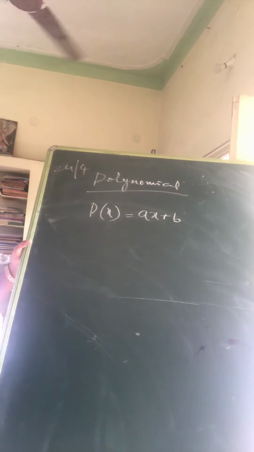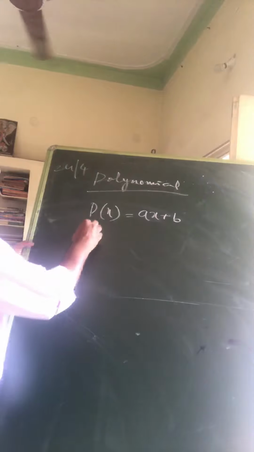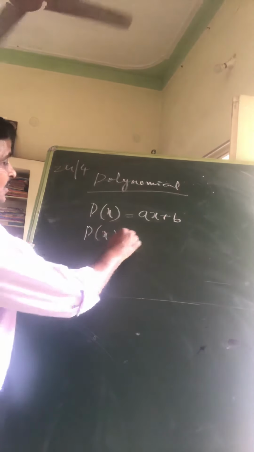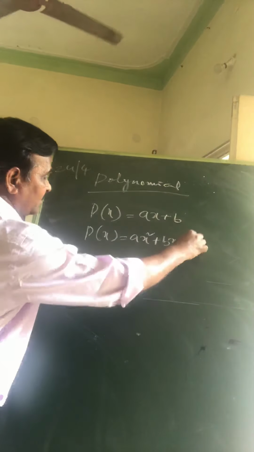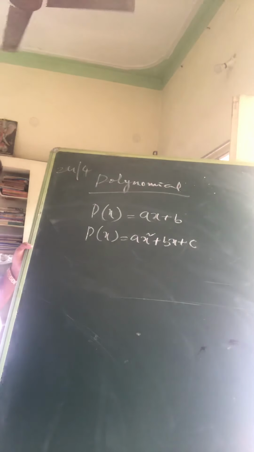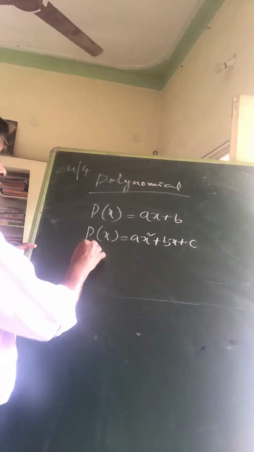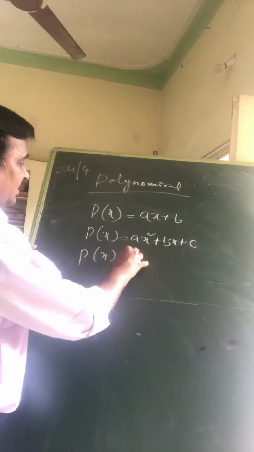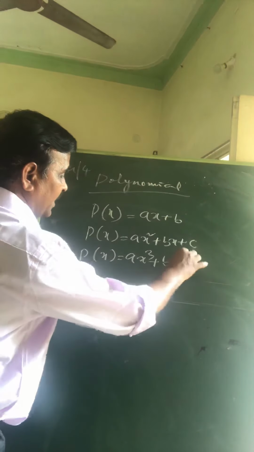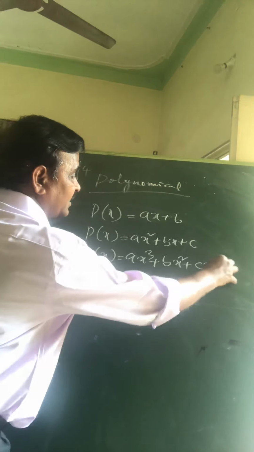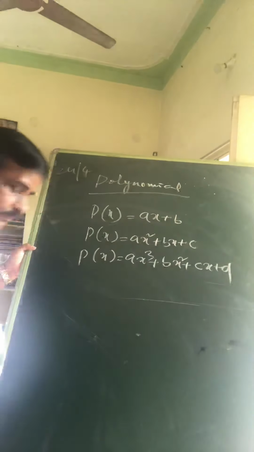If the degree of the polynomial is 2, then ax square plus bx plus c. If the degree is 3, p of x is equal to ax cube plus bx square plus cx plus d.